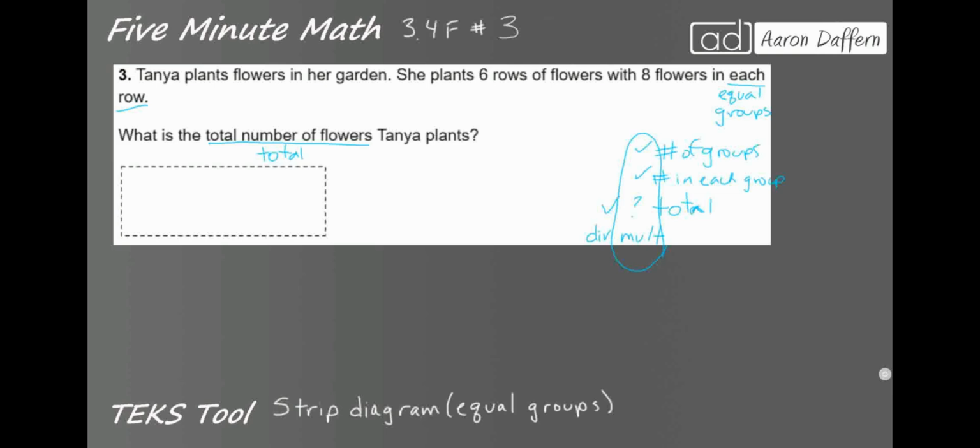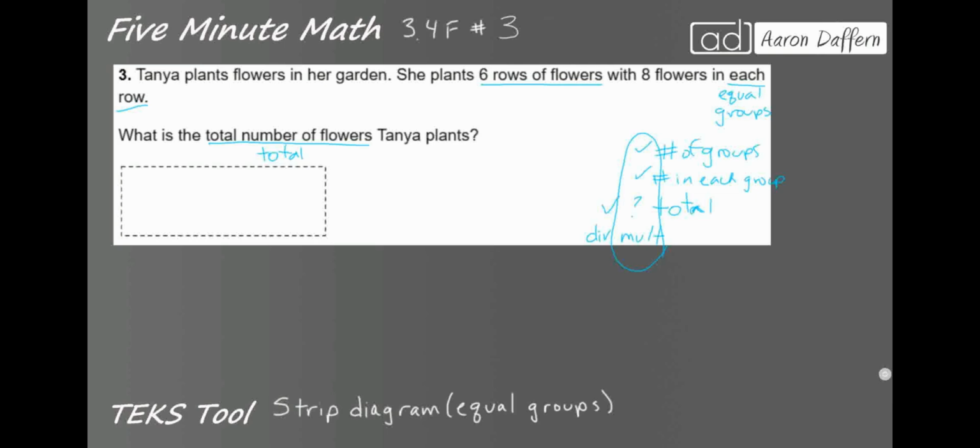Tanya plants flowers in her garden. All right, there's not really much information there. She plants 6 rows of flowers and 8 flowers in each row. If you're looking for the number in each group, it's going to be really close to the equal groups statement. Right here, we've got our 6 rows. Each row is going to count as a group. I call them groups because I don't know whether they're going to be rows or buckets or boxes or bags.